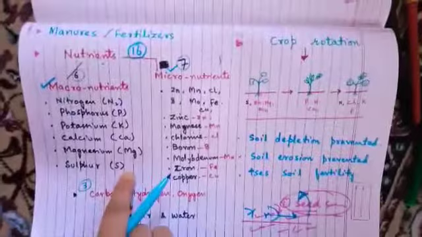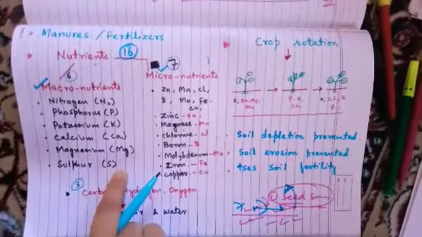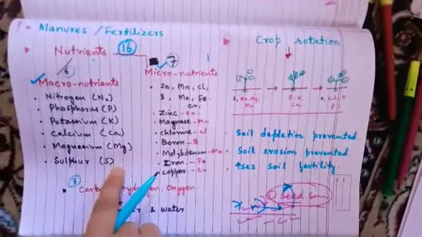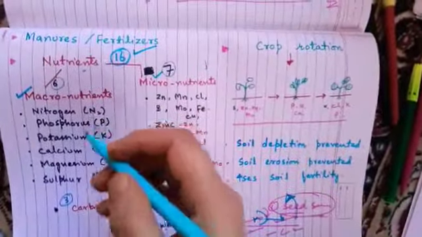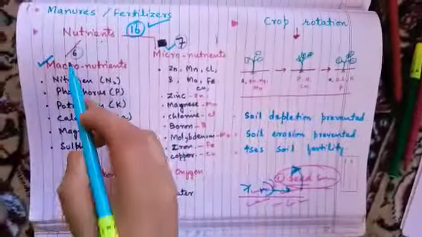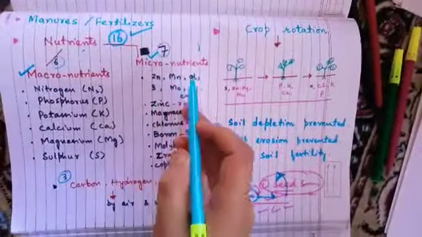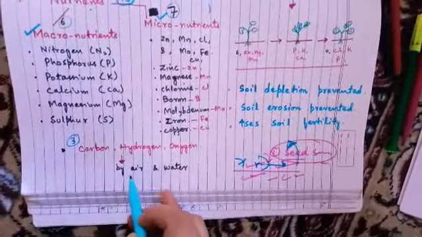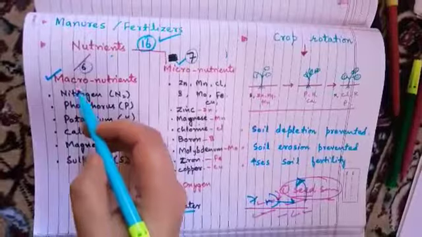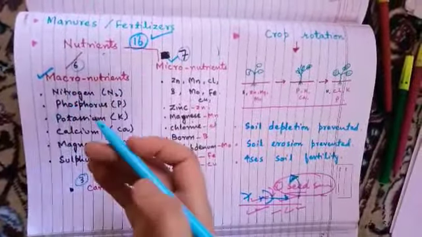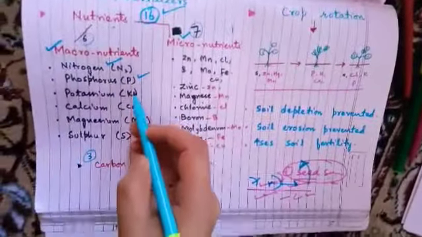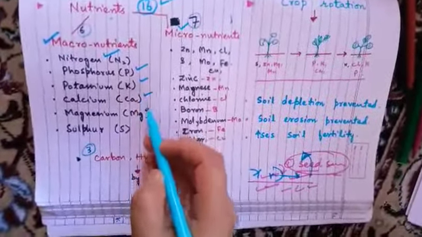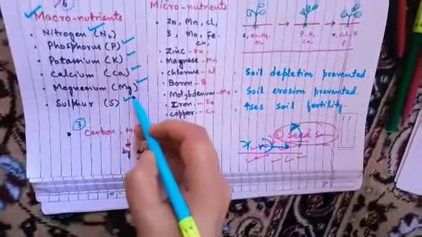Now let us see which nutrients are needed in large and which in small amounts. There are 16 nutrients in total: 6 are macronutrients, 7 are micronutrients, and 3 come from air and water. The macronutrients needed by the plant in large amounts are nitrogen, phosphorus, potassium, calcium, magnesium and sulfur.